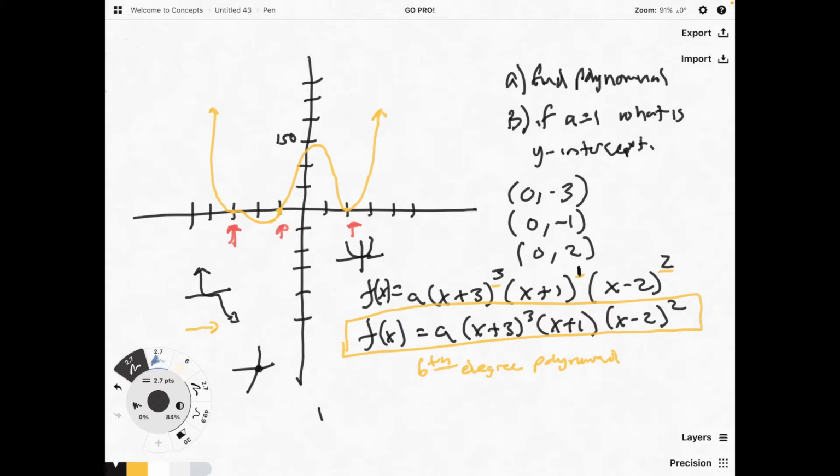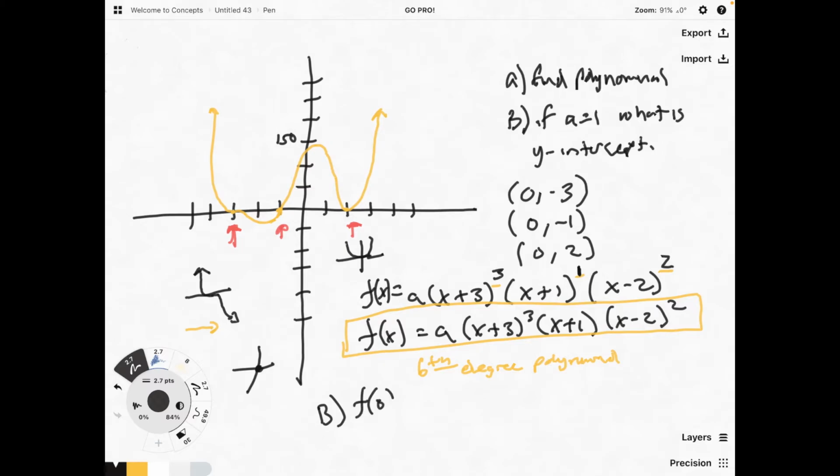Looking at B, it says again, assume that a is 1, and then what is the y-intercept? For the y-intercept, we just need to set x equal to 0, or in this case, we need to make all of our x values equal to 0, and that's going to show where that intercepts with the y-axis, as well as we need to make a equal to 1.